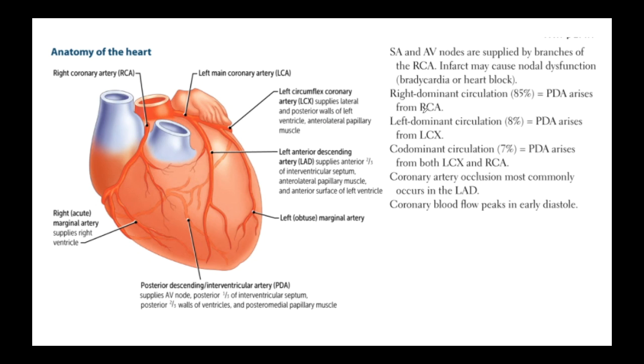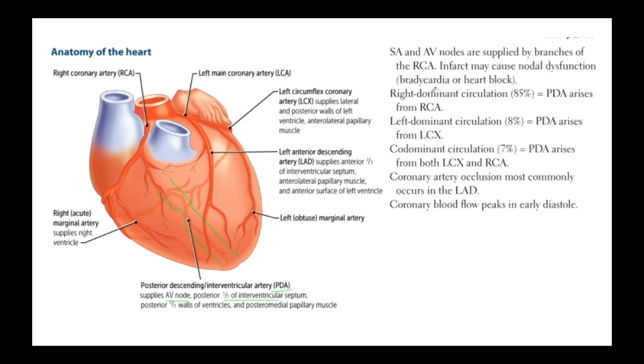Something of note here is our posterior descending artery, also known as our posterior interventricular artery. So we're talking about the interventricular septum back there, which supplies also the AV node partly, the posterior third of the interventricular septum, and the posterior 2/3 walls of the ventricle, so the back wall there, and the posterior-medial papillary muscles.